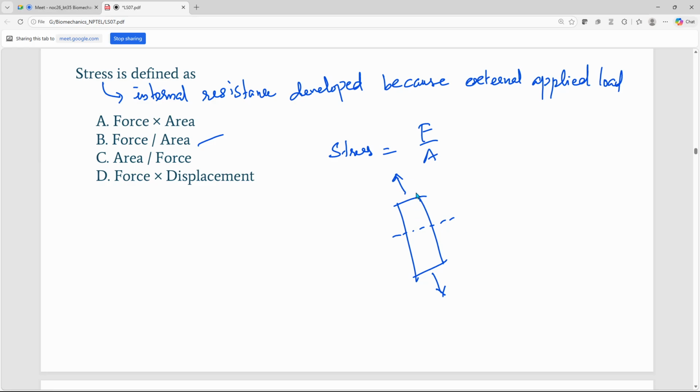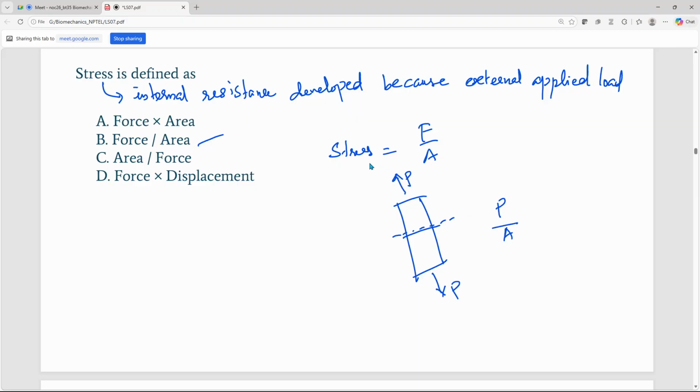The stress is only there if there is a load acting. Suppose this material is pulled apart in both directions with the same force P, then that force divided by the cross-sectional area of this material is the stress developed.